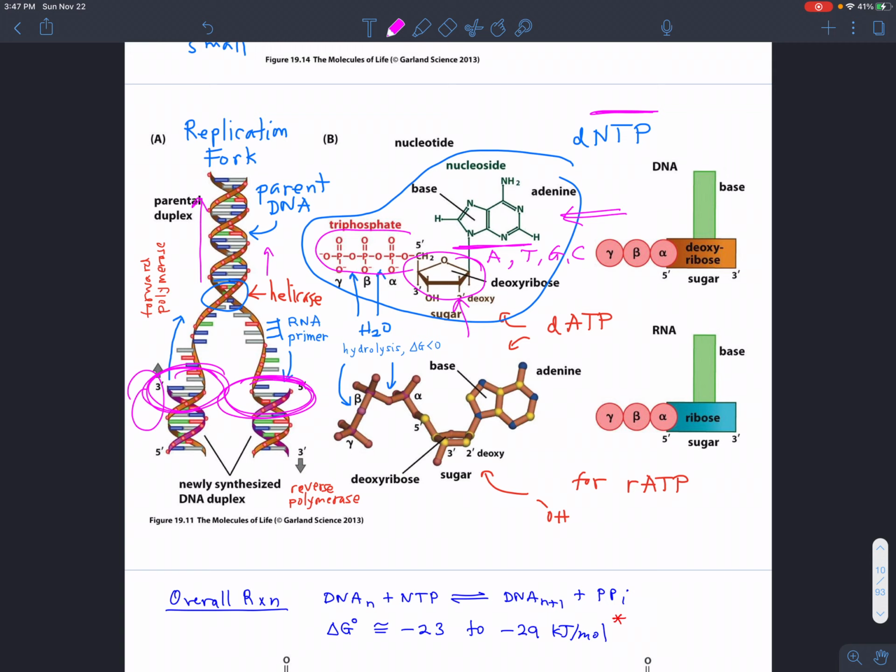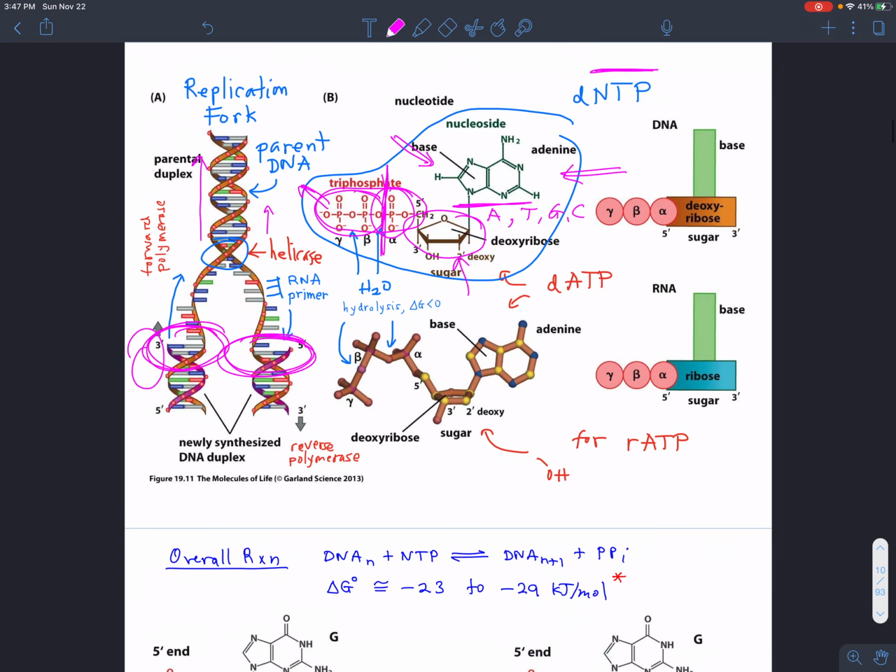And then there's this triphosphate group on the other side of the sugar. And the reaction that we're going to be looking at is actually cleaving that triphosphate group right around here, meaning that the rest of this stuff goes away. And this phosphate is the thing that hooks the new base pair, if you like, into the growing DNA.